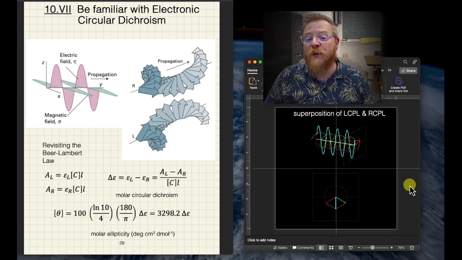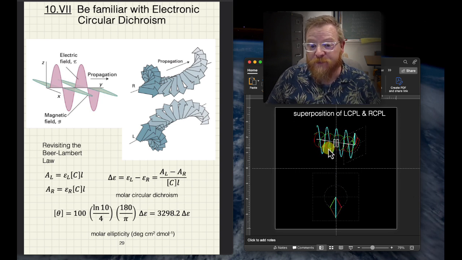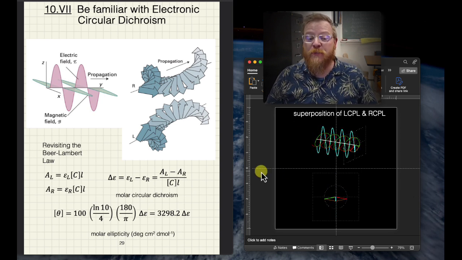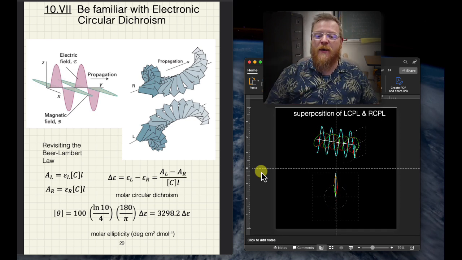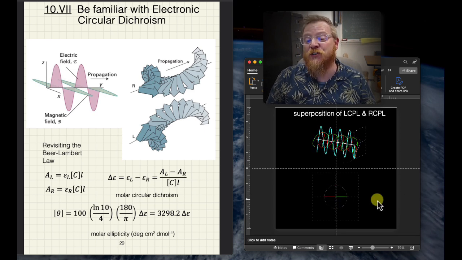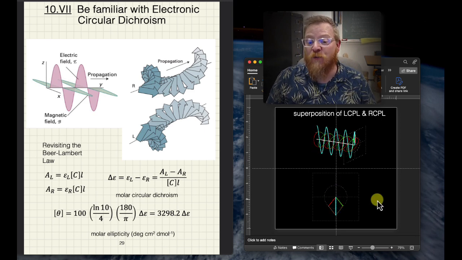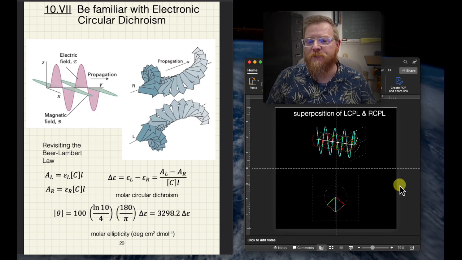So you might notice that this is just plane polarized. Anytime we have plane polarized light, so one beam of light coming in at a specified angle, it already is a superposition of left and right circular polarized light given by this diagram.